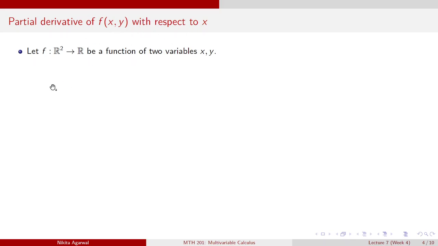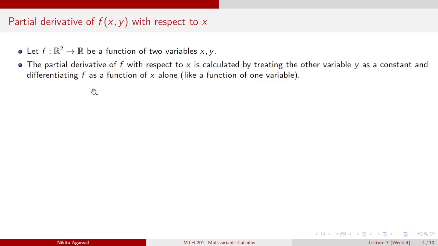In this case, I am taking a function defined on R2 to R, a function of two variables x and y. The partial derivative of f with respect to x is calculated by treating the other variable y as a constant and differentiating f as a function of x alone, like a function of one variable.